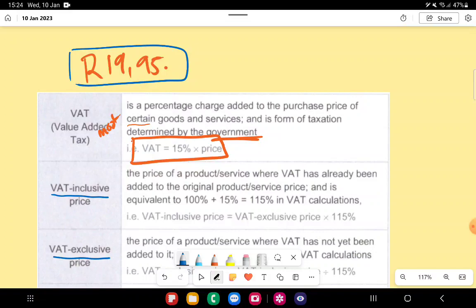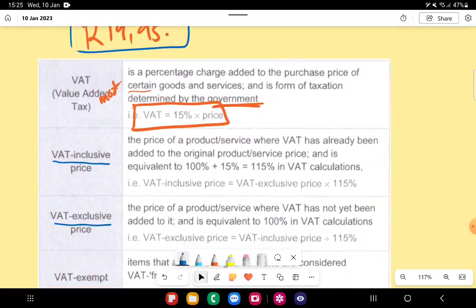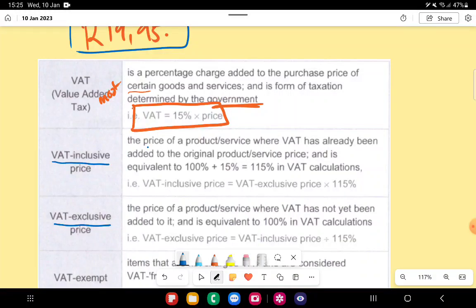When you go to the shop, it says a loaf of bread is 19.95. Is this inclusive or exclusive? The answer is it's inclusive. Inclusive means that the price that you see, 19.95, already has VAT included. In South Africa, the price on the tag or the price on the sticker of the product is always VAT inclusive.